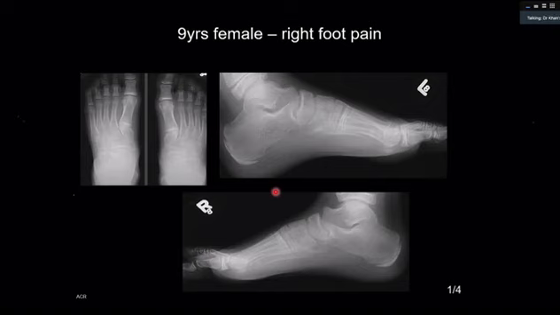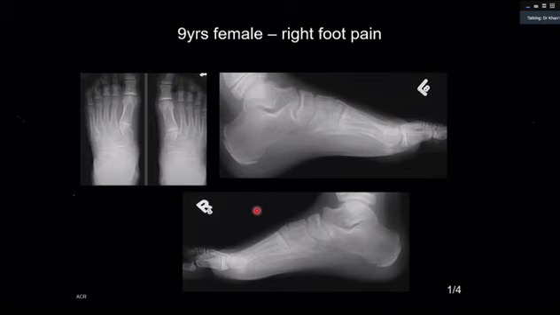Your thinking is absolutely spot on, but my question is very specific. What kind of congenital abnormality? I thought it was the beaking, but is that seen with coalition? Okay, very good. Well done.